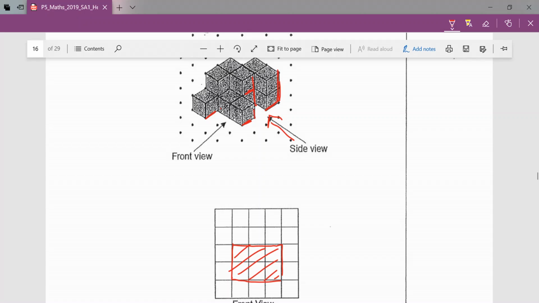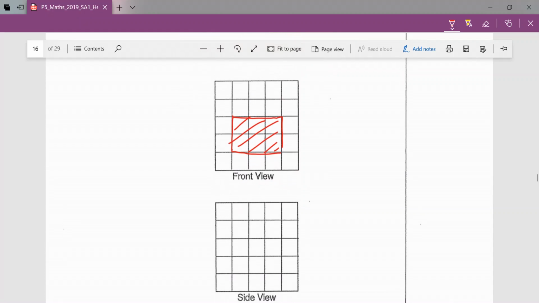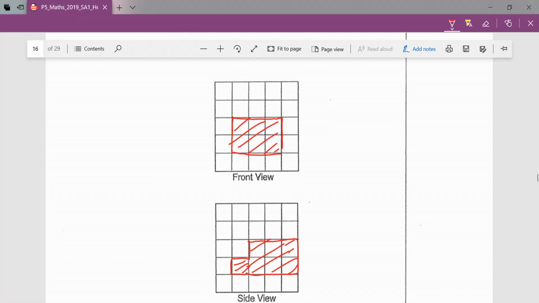This one is 1 unit, but then behind got 1, so it's 2 units as well. This side is only 1 unit. Okay, so my side view would be 3 at the side and only 1 at the side. 3 by 2 and 1 by 1 over here.